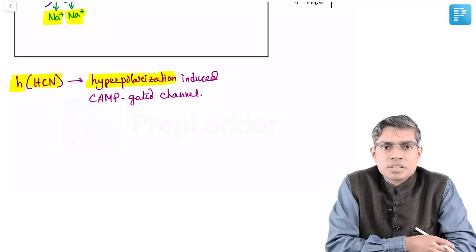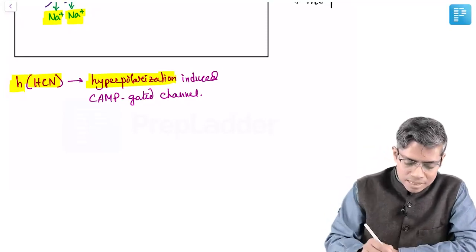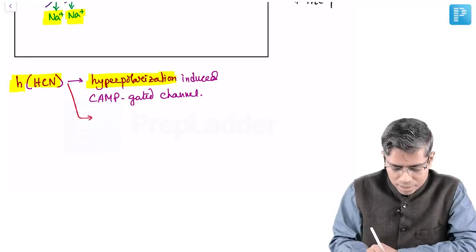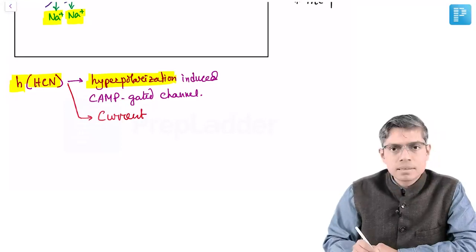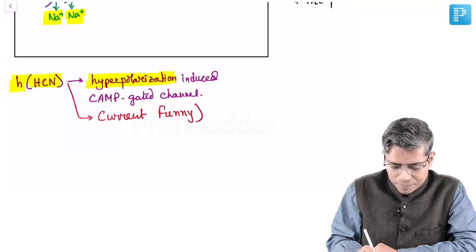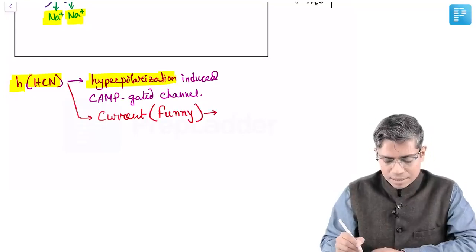That's why scientists found this very peculiar, and they gave the name funny channel. That's why the current which flows through this channel is known as funny current.